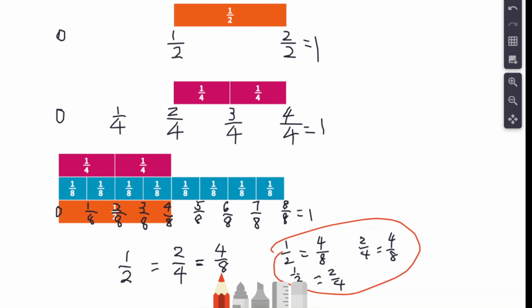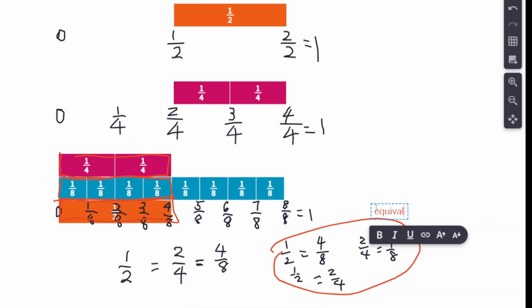And if these fractions are equal to each other, because they occupy the same amount of space, they are of the same size if you look at them like this, it means they are equivalent fractions. Very cool. So these fractions, which are here, are called equivalent fractions.